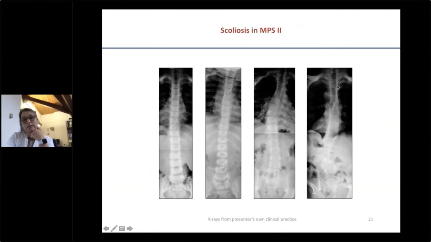And this one is a more attenuated form. All of them had ERT, but you see the severe scoliosis mainly in the lumbar spine. And these are more or less in between, but again, all of them the same age, all of them have ERT, and all of them have the confirmed diagnosis of MPS II with no additional illnesses.